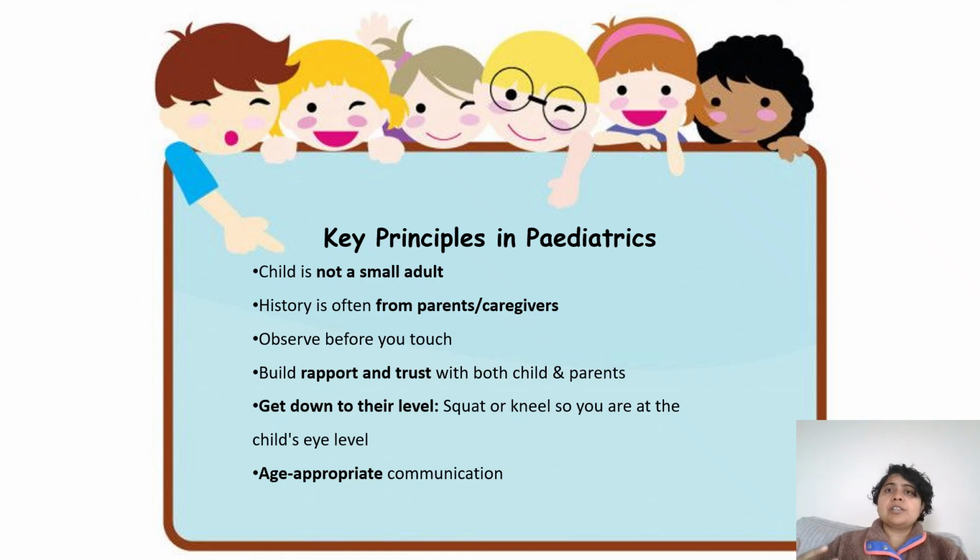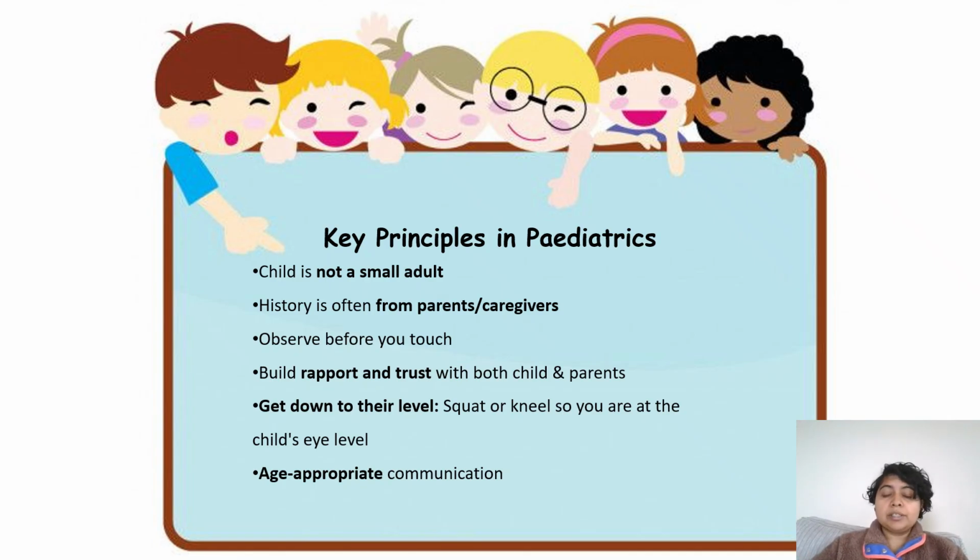And the examination of the child would become easier because they would build a rapport with you. Also, a lot of history taking and examination in children is observation. So observe before you touch.